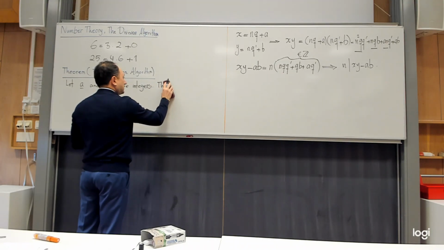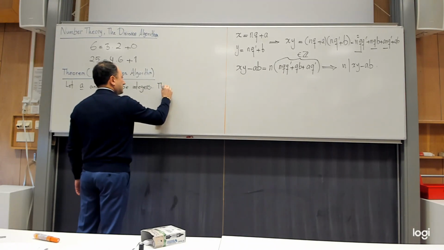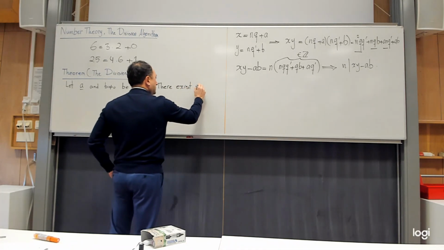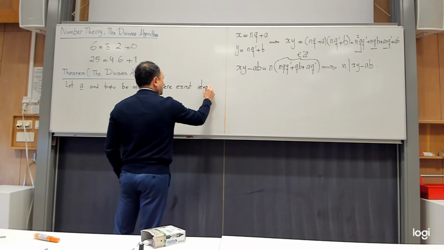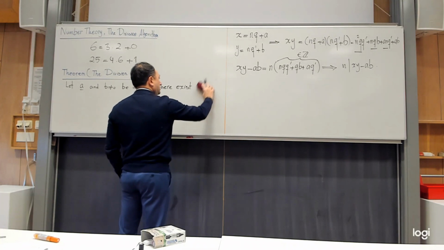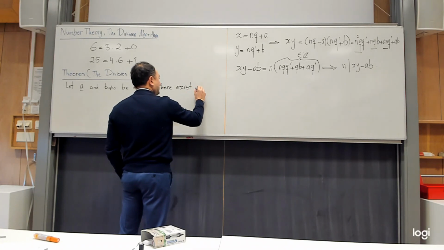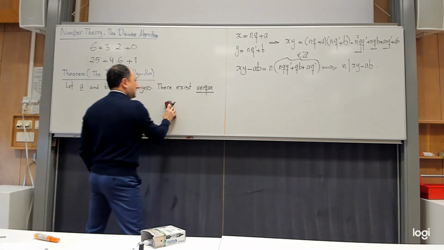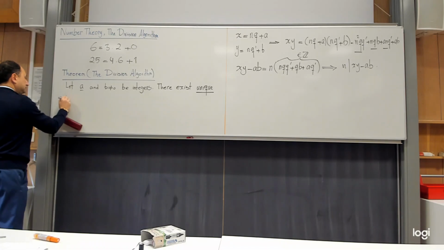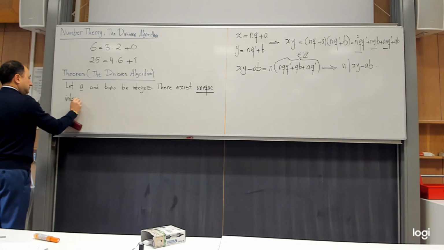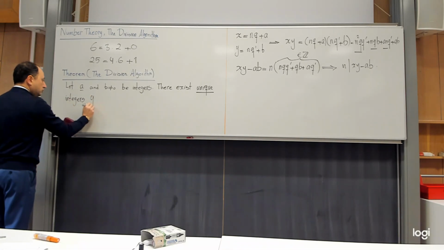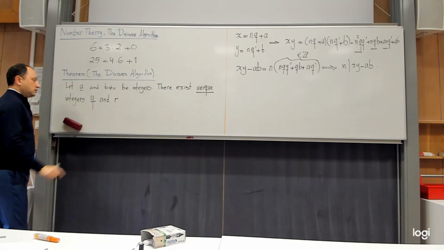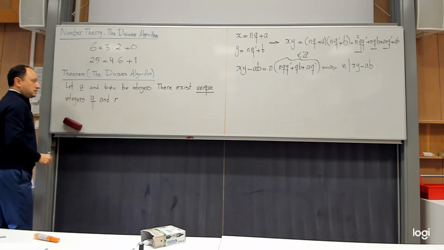you don't need to write then. There exist unique integers. This is also important. Unique integers Q and R, quotient, remainder, yes?